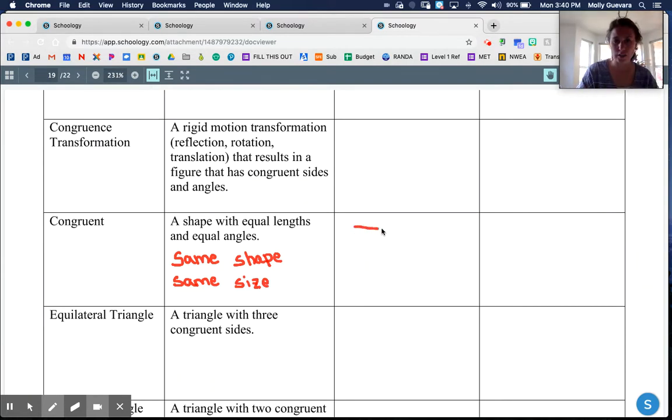So let me see if I can draw this. If I have a trapezoid of some sort, there's my trapezoid, and then I have another trapezoid.